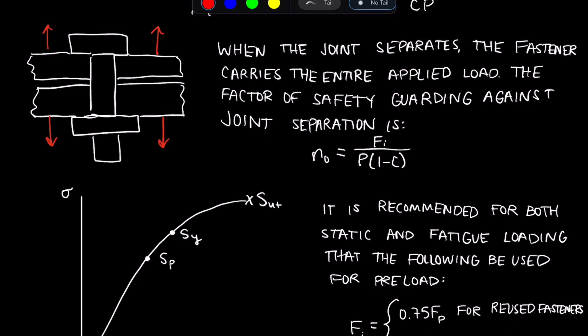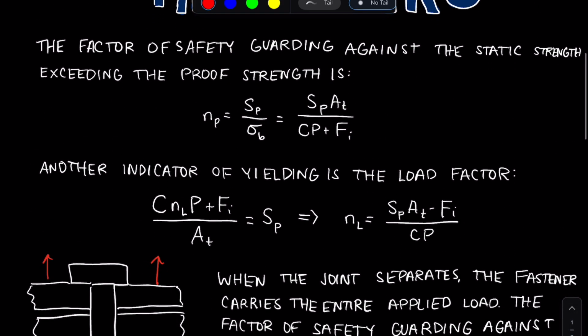At some point we will fail the bolt, but in general a higher preload is going to give you a stronger connection. And we also of course talked about the load factor and the factor of safety guarding against yield.